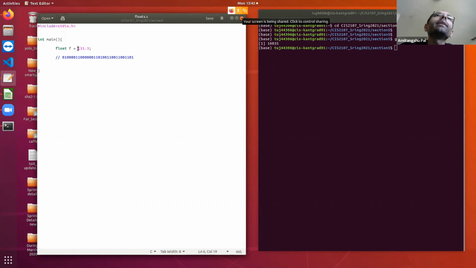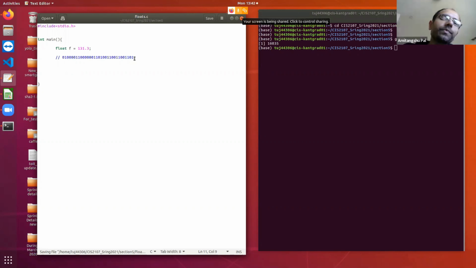Whenever you write float f equal to 131.3, 32 bits in the memory location are allocated, and in those 32 bits this bit pattern is stored. So I'm trying to fetch that bit pattern from memory. Here I'm going to use a trick.